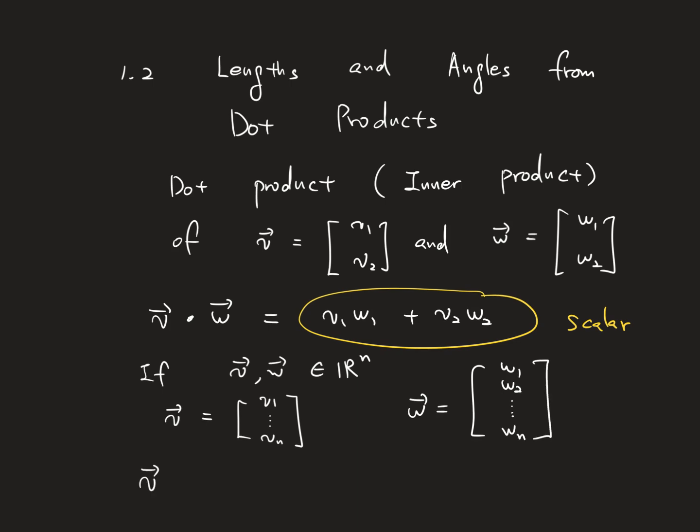And the inner product or dot product of v and w is equal to v1 w1 plus v2 w2 plus, and so on, vn wn.